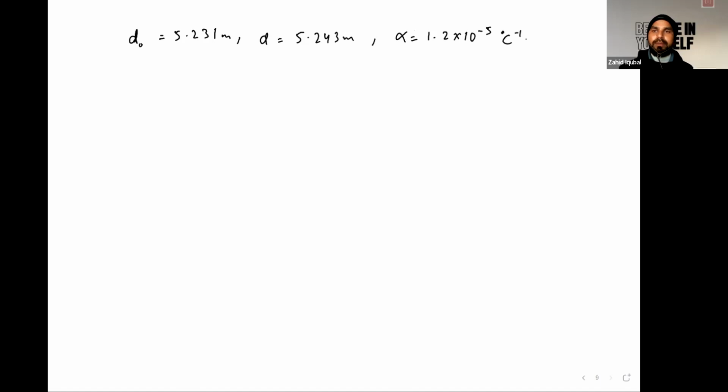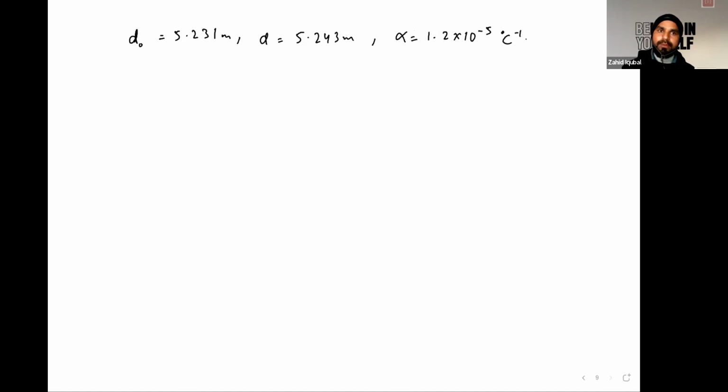We have initially the diameter of the ring, which is 5.231 meter. It has to fit on the wooden rim, which is 5.243 meter. So this will act as the final diameter and that will act as the initial diameter. The coefficient of expansion is 1.2 times 10 to the power minus 5 per degree Celsius or per Kelvin.